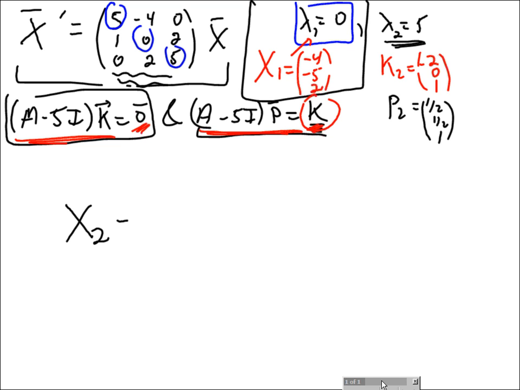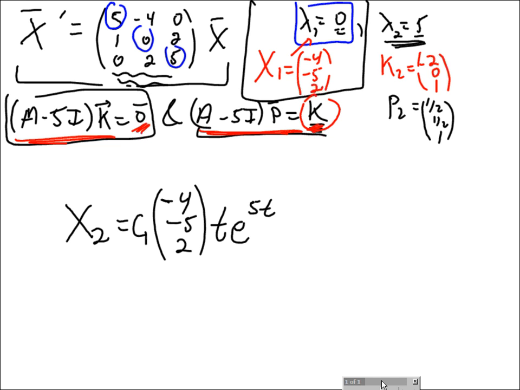X2 is going to be c1 k1, from when lambda was 0, times t e to the 5t, because lambda is 5, plus c2 times p2 times e to the 5t. That's x2. And x1 is right here.